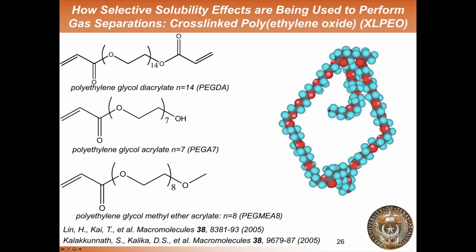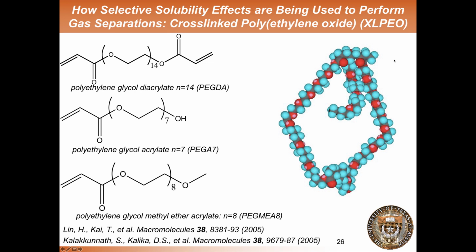And in one case, there is a hydroxyl group on the end, and in the other case, there's a methyl group on the end, so a polar end group and a non-polar end group. The length of the side chain of the ethylene oxide in each of these cases is taken to be about half of the length of the ethylene oxide chain in this cross-linker.